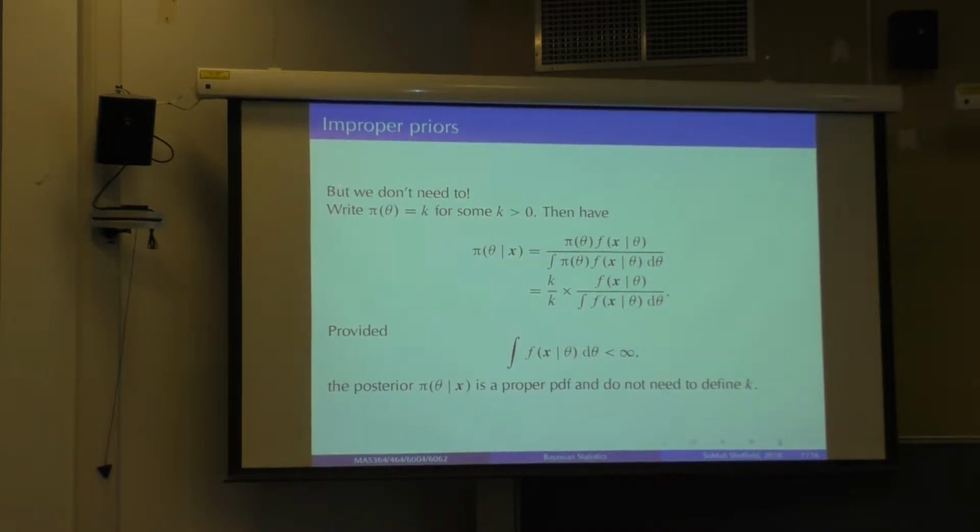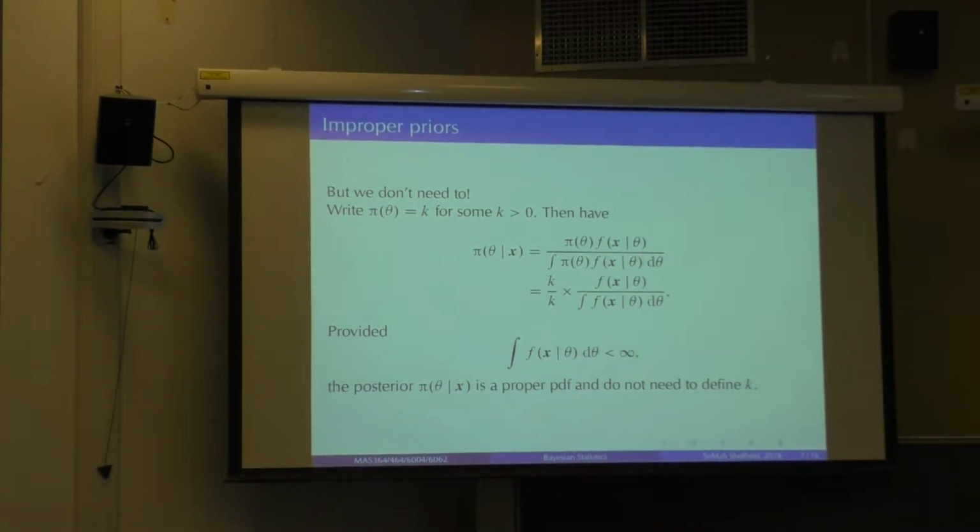And this will be a PDF if and only if we can actually integrate this likelihood. Now, the important technical thing here is that this likelihood is integrated with respect to theta, right? We know that the integral with respect to x has to be 1, because that is a probability distribution for x.